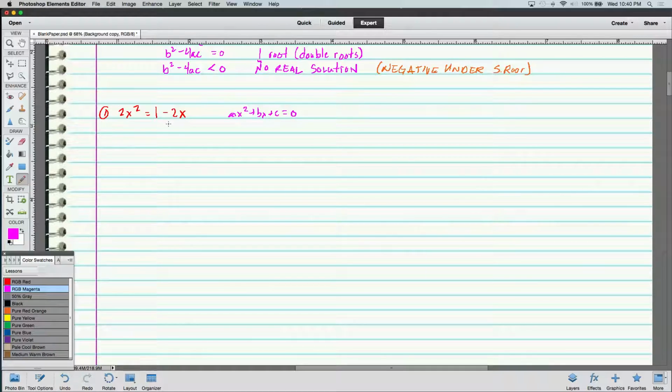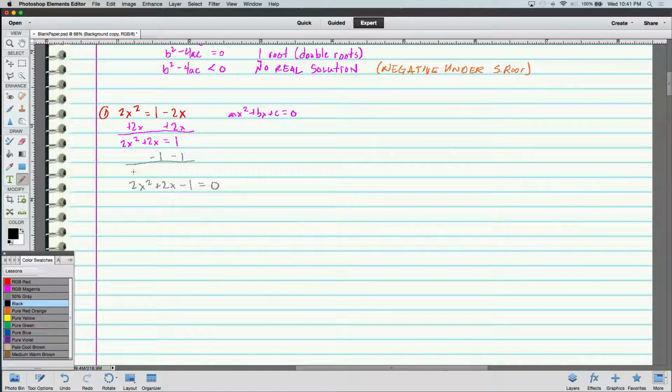In order to do that, we're going to add our 2x, and then the next one, we want the 1 over there, so we're going to subtract our 1 from both sides. 2x squared plus 2x minus 1 equals 0.